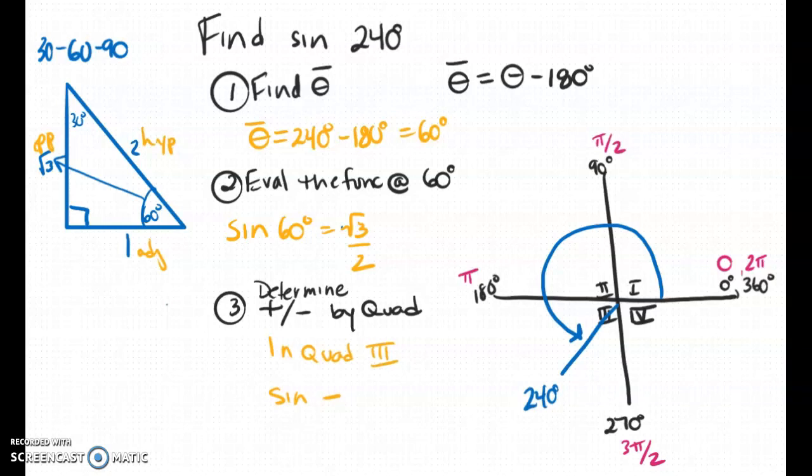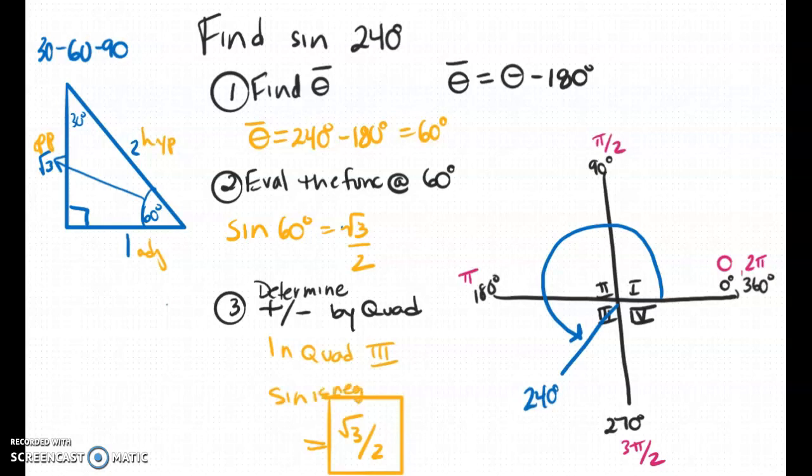And so that means my answer would be negative square root of 3 over 2. So this is how you do trig functions for angles that are not acute using that definition of a trig function that we talked about.